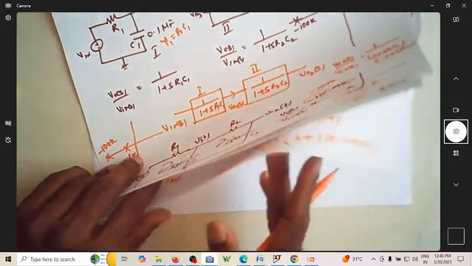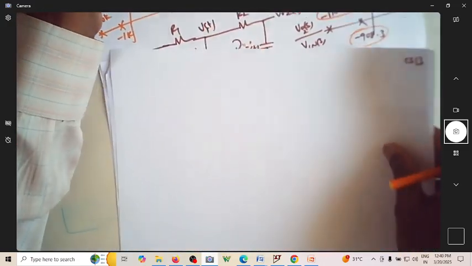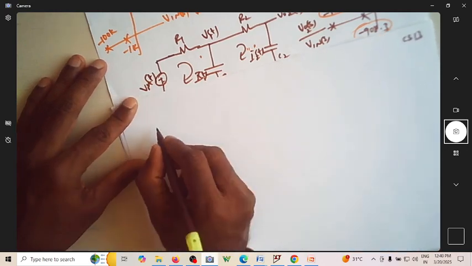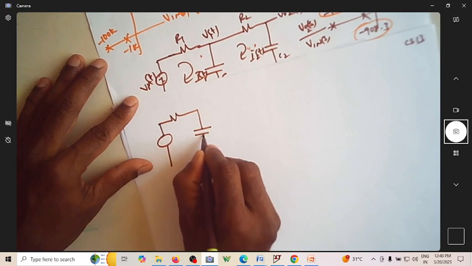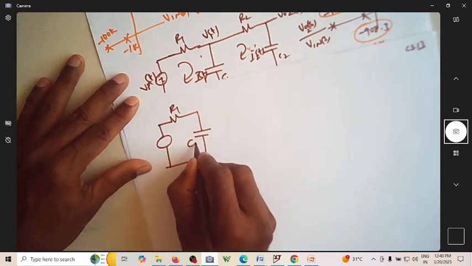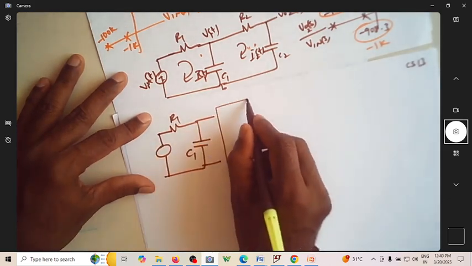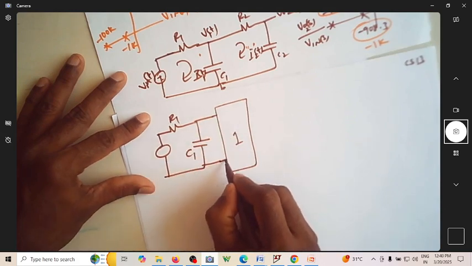I will put a buffer in between these two. So I will write my circuit here. This is my first circuit, this is R1, this is R1 C1. Now before I connect it to the next, I will put a buffer. This buffer has a gain of 1.